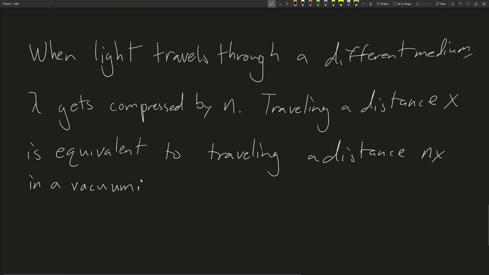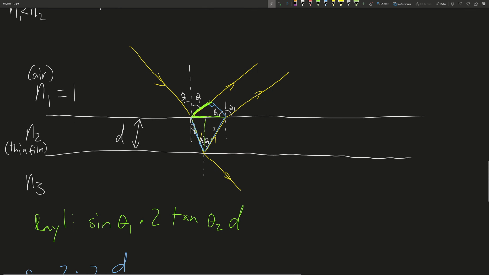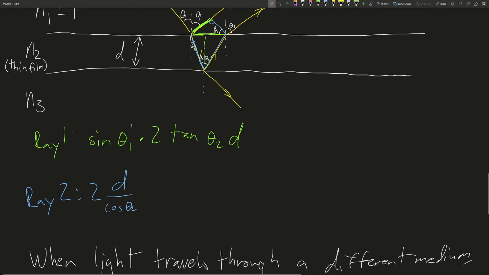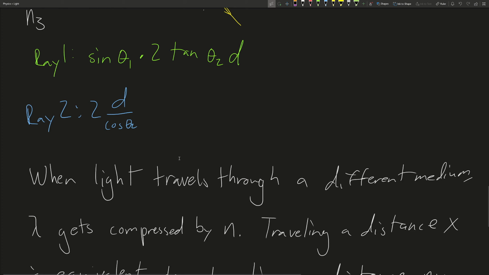Basically, since the wavelength compresses by n, you have to stretch it back out by n again in order to compare it correctly to light that travels in air. And so this distance here, ray 2, even though it travels 2d divided by cosine theta 2 in the medium, would be the same as if the light effectively traveled 2n2d divided by cosine theta 2 in air.